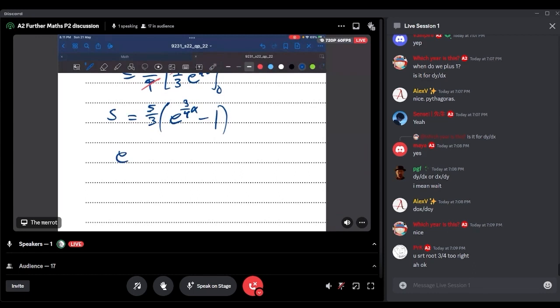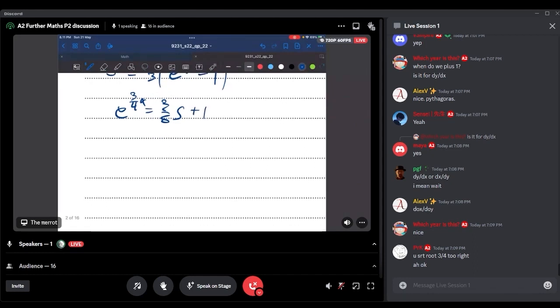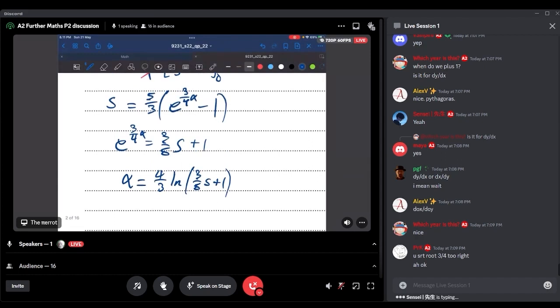Multiply both sides by 3 over 5. Plus 1 to both sides. I'll just make it fast. Take the ln, multiply by 4 over 3, and you get alpha. Should be fine, right?